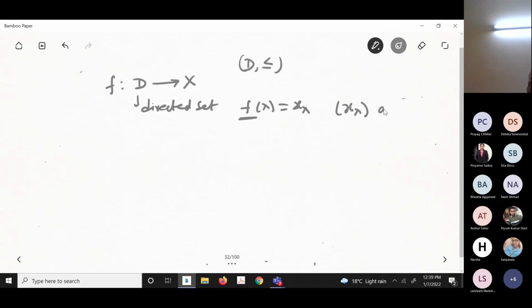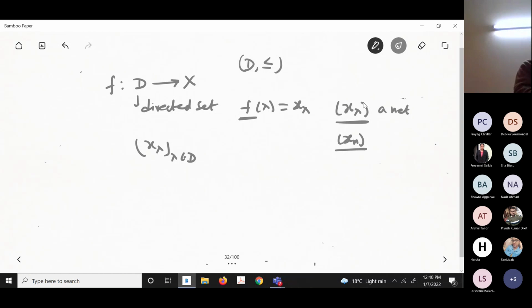The notation means I am listing all the values of the function f, analogous to the notation x n for a sequence, we write x lambda. Some people indicate the directed set to the right, but if you do not need it, you can simply write x lambda.